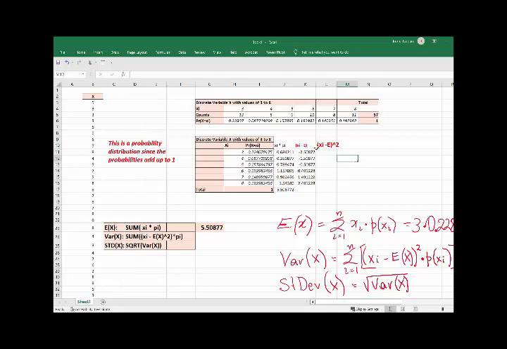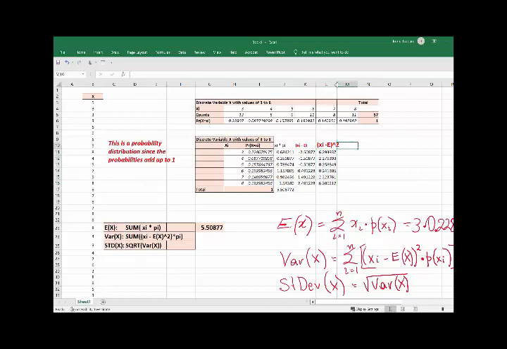So this is what I have right here. I'm going to do the same thing for everything in this column and raise it to the second power. So I take the square of negative 2.5, and I do the same for all of those. Okay, so I have now the squares of the differences of each xi with the E.